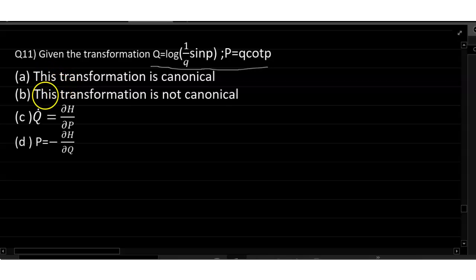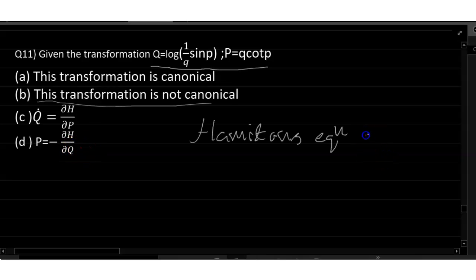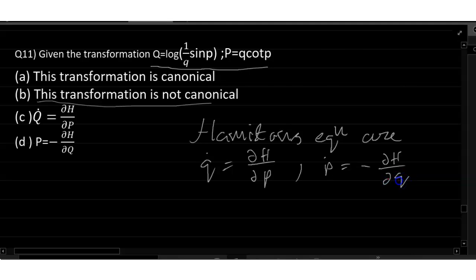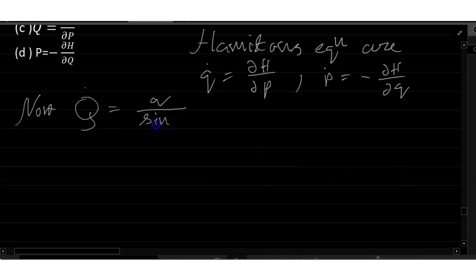Is this transformation canonical or not? q dot is equal to del h by del p, p dot is equal to minus del h by del q, and q p dot cos p minus q dot into sine p.